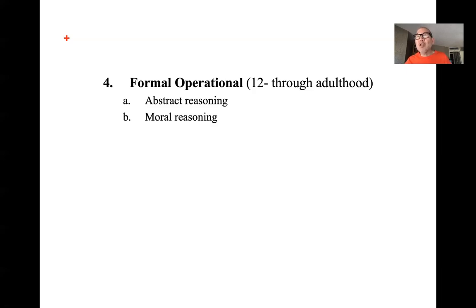So he was actually not a bad man, but he was doing a good thing. Notions of justice and justification and innocence are abstract. They're not things you can readily count or weigh or see. So someone at the formal operational stage might reason that way.